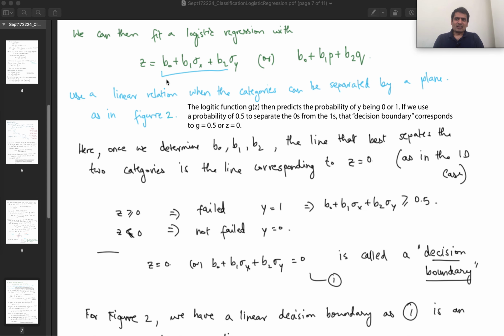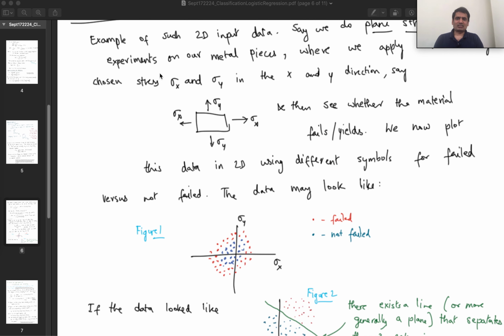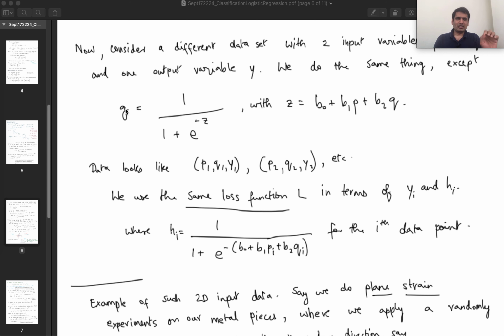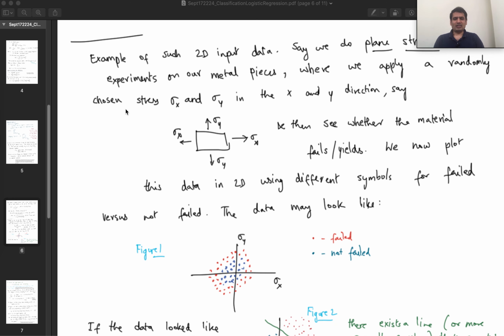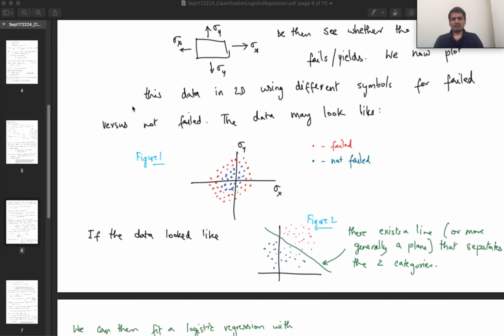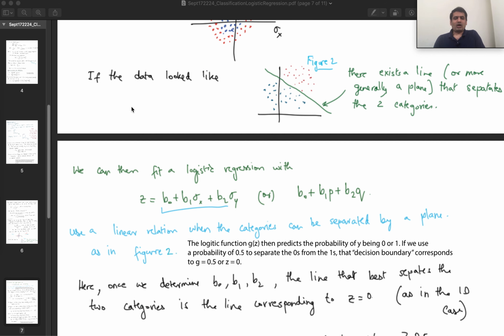So the decision boundary in terms of the inputs is generally where this variable z is equal to 0. That corresponds to g equal to 0.5, in other words, a predicted probability of 0.5 for being 0 or 1. So if we take that as the cutoff for saying y equals 1 or y equals 0, z equals 0 is the decision boundary.